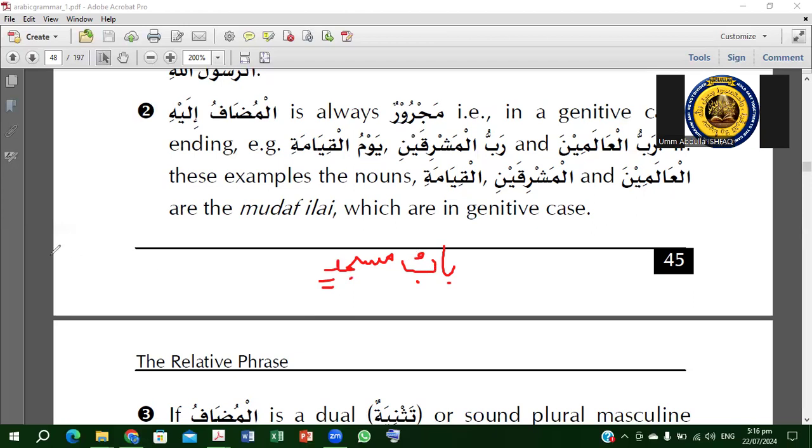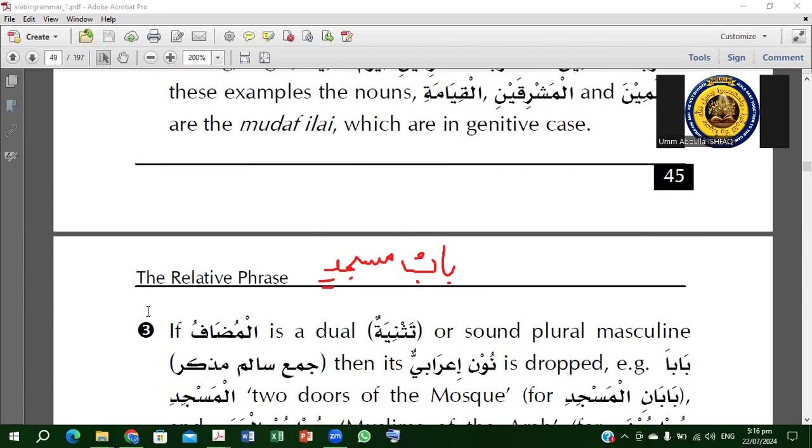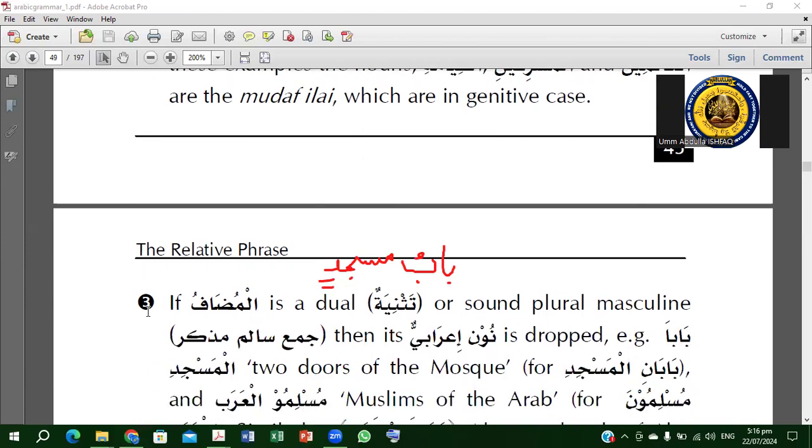Okay. If I want to make the dual, I want to say two doors, it should be babani. You remember? Babun is singular and the dual is babani.